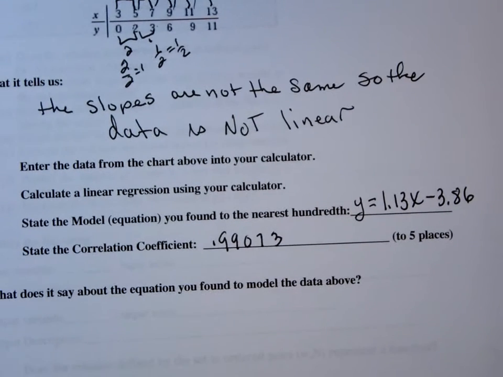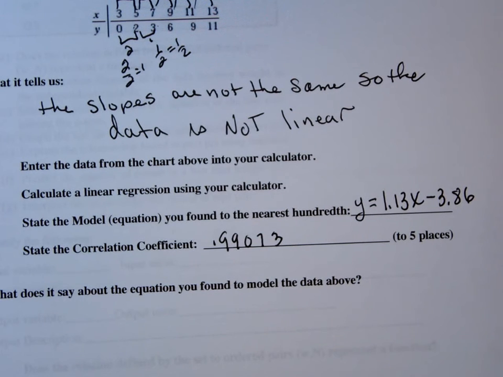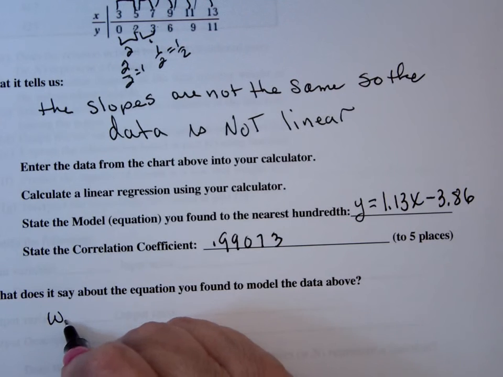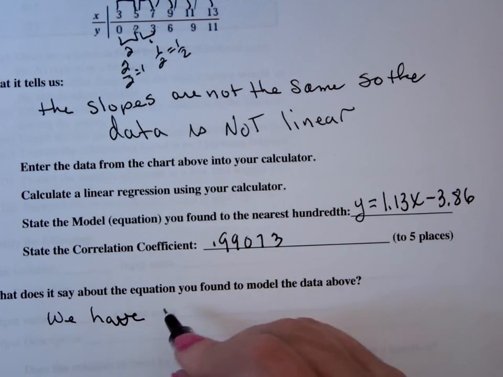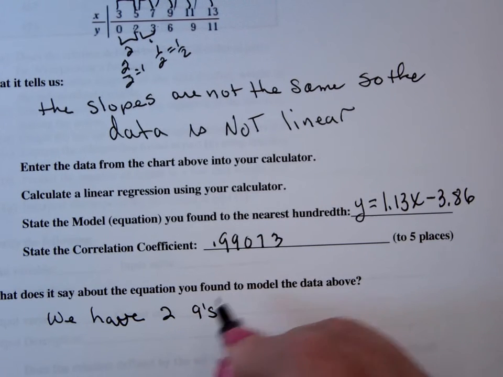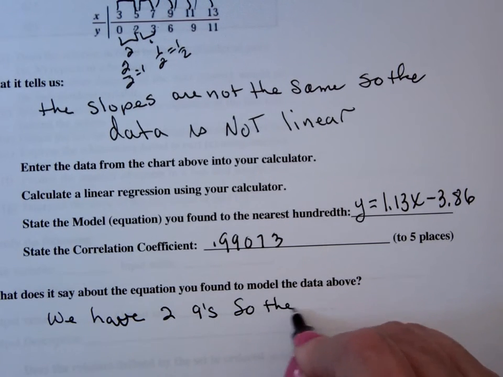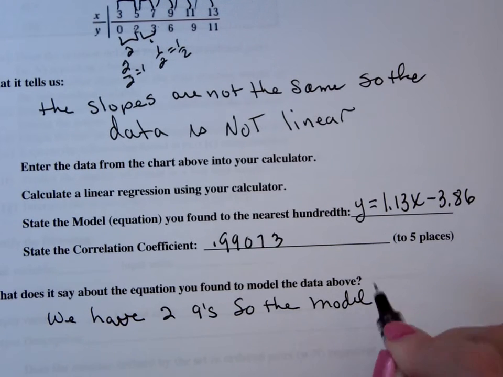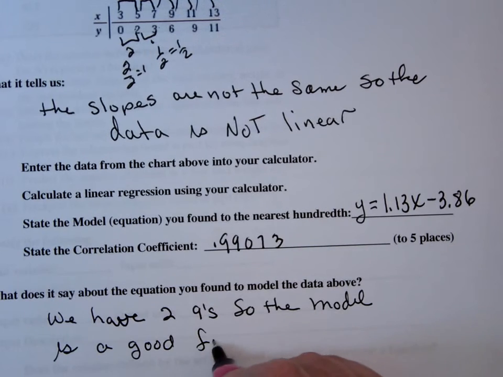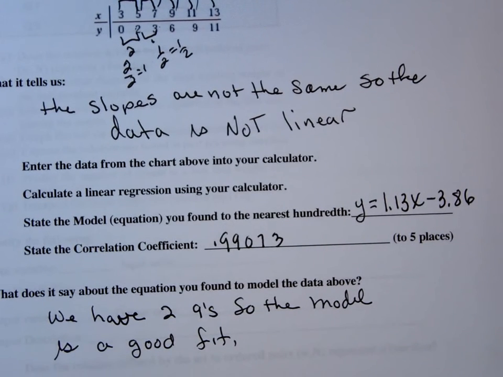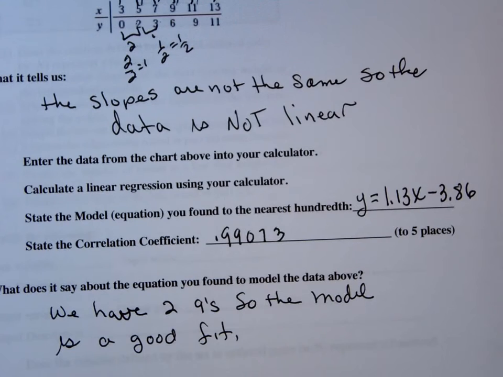How good is it? 0.9 or higher is a good fit. Perfect is 1. So we have two 9s, so the model is a good fit. And how good is a question that depends upon what we're trying to do.